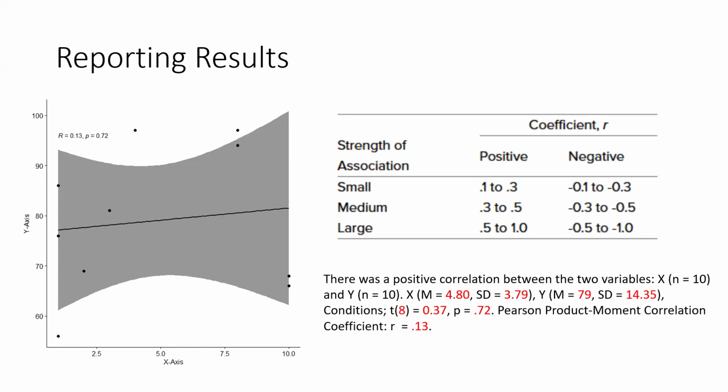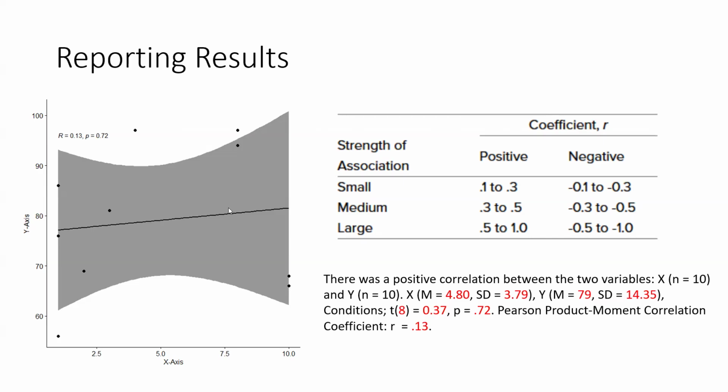Now, how will we interpret these results after we've reported them, in case we're asked by our committee or our thesis advisor? How would we actually break down in plain English what happened here? Well, the p-value, which is 0.72, indicates whether or not there was a significant correlation determined, while the Pearson product moment correlation coefficient, R equals 0.13, indicates the strength of association, as it were.